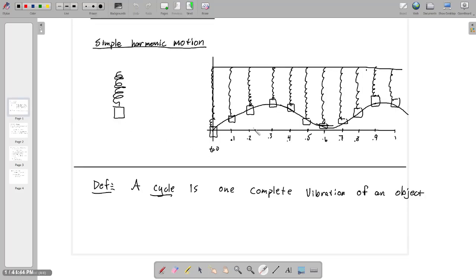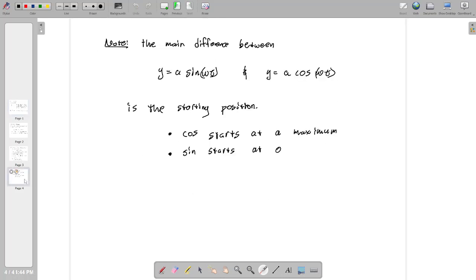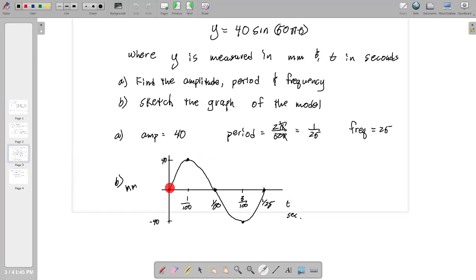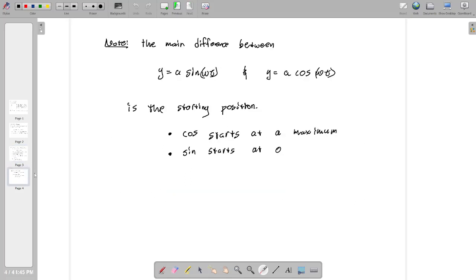We saw that here. We reached our maximum value when we were starting. Sine starts at 0, and we see that here. When t is equal to 0, we start at 0. And this we should already know, but it is important to point out because word problems will sometimes use this fact, and they'll write it in this particular way in order to slip a little bit of information by you.